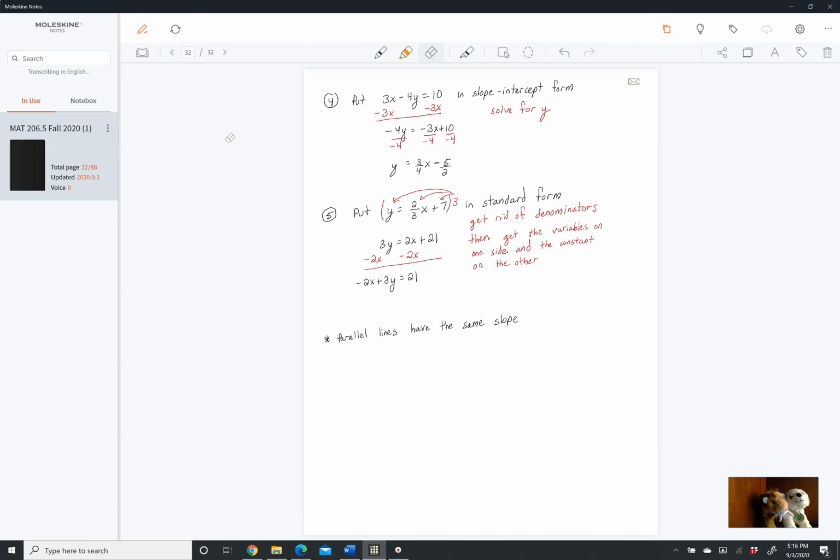Okay, now perpendicular lines have slopes that are negative reciprocals. So I'll explain that in a second.